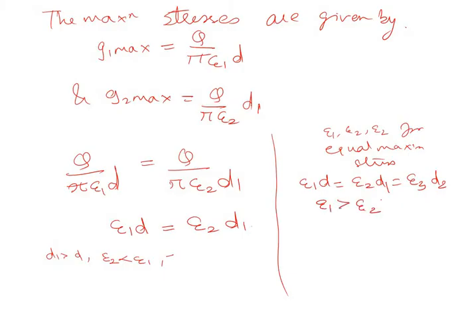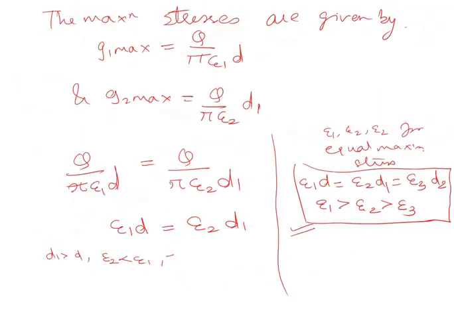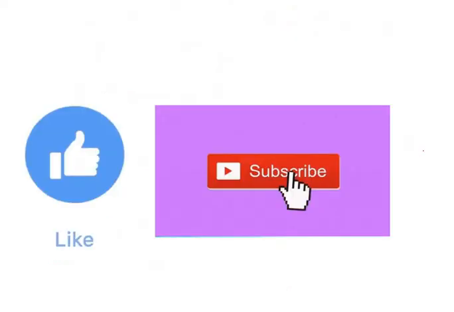So this is the condition to achieve the uniform maximum stress. This is important. So this is all about capacitance grading, how it is achieved, the equation and all. This is a little bit complicated, so you have to understand each and every step. Watch this carefully and practice it at home, then you will understand this equation.